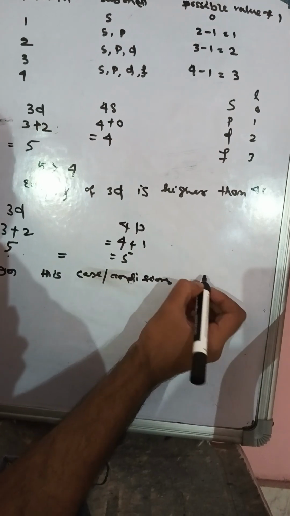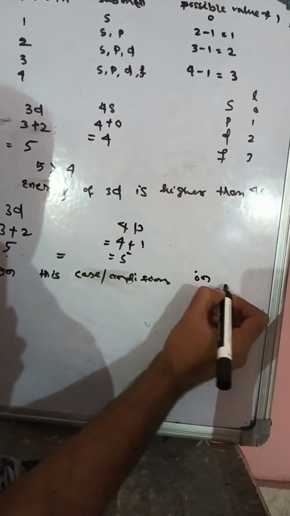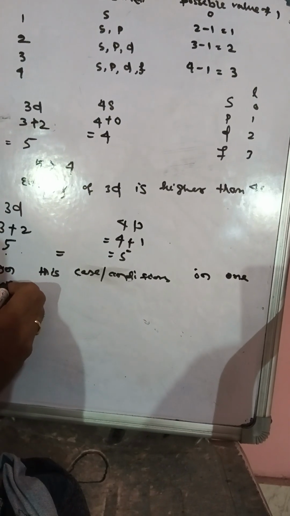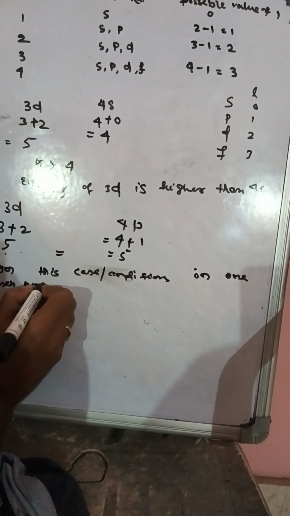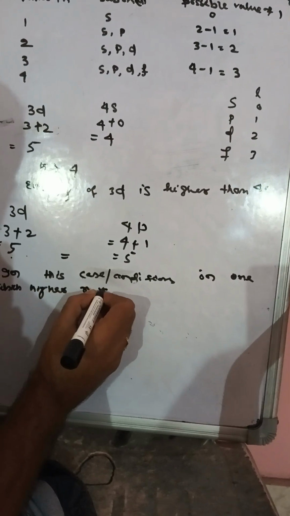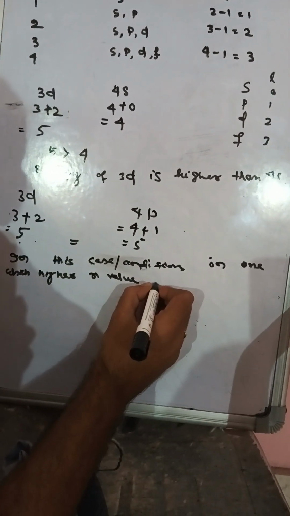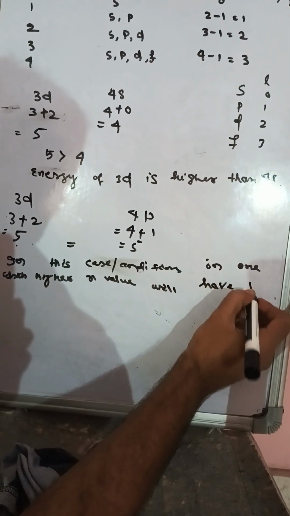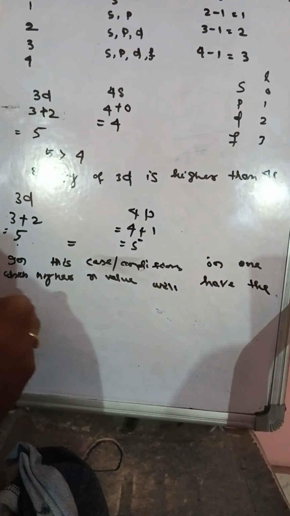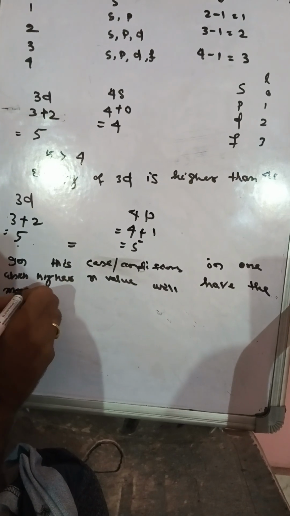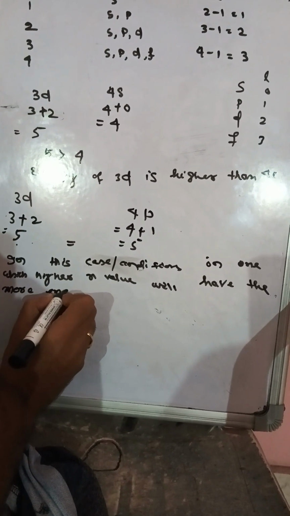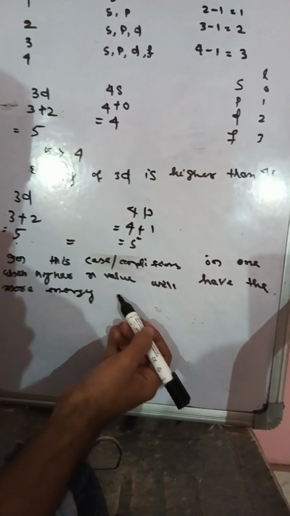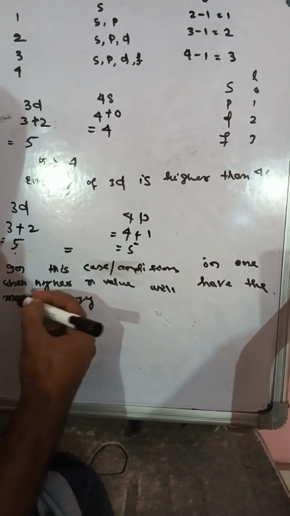In these conditions, the one which has higher n value will have more energy. If the n plus l value is the same, then we consider the n value; the one with higher n has more energy.